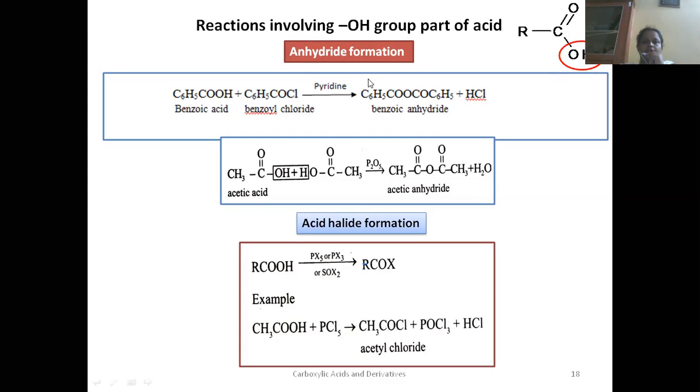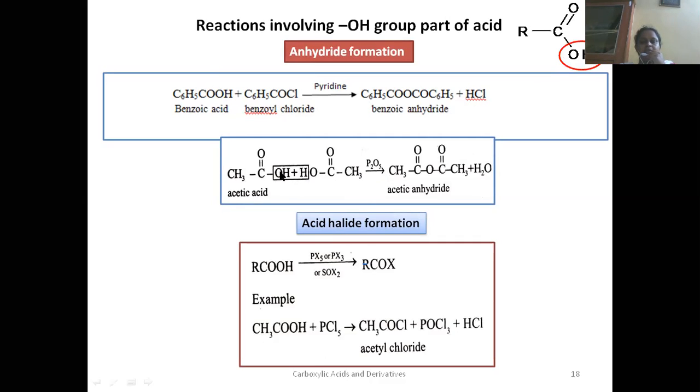There are basically two: anhydride formation and acid halide formation. Anhydride formation means when two molecules of the carboxylic acid react in the presence of P2O5, and you have to heat this also.